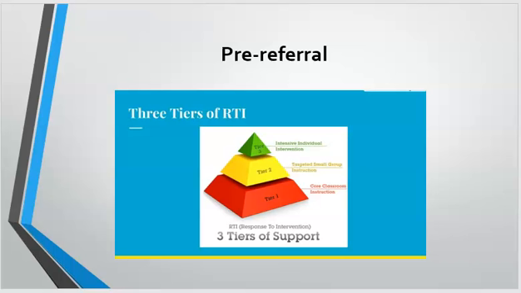If a student is behind, he should be referred to the RTI, or the response to intervention. And usually these students are classified under Tier 3, which is the intensive individual intervention. Then if they make progress, they will be moved to Tier 2 and then to Tier 1.